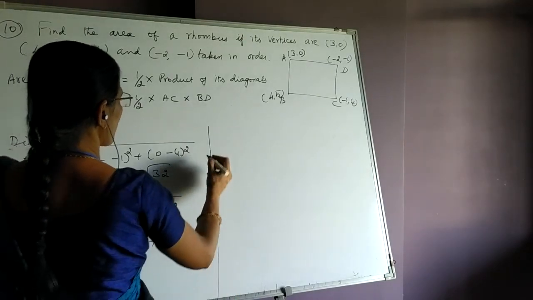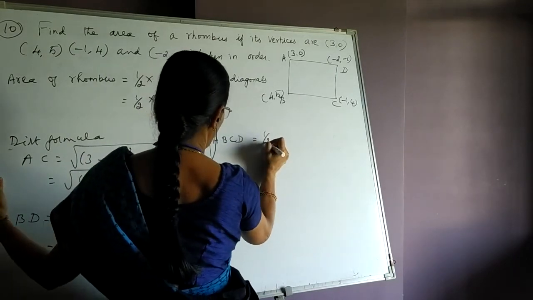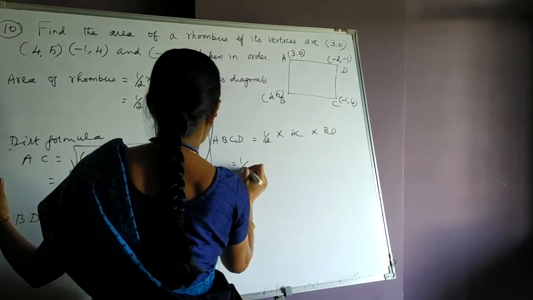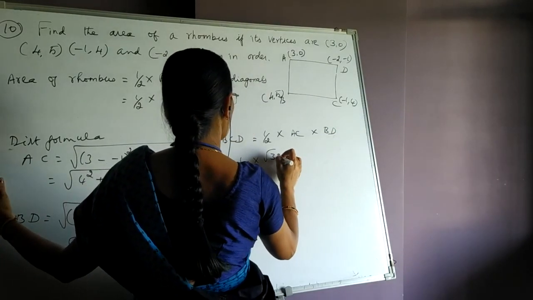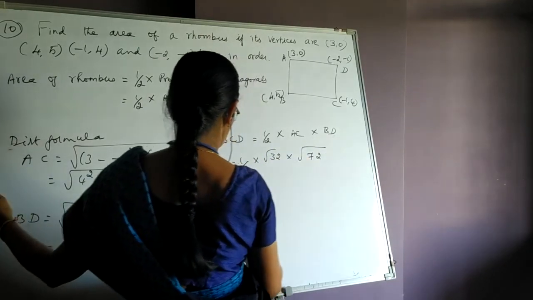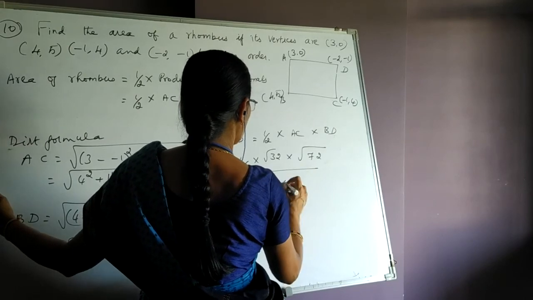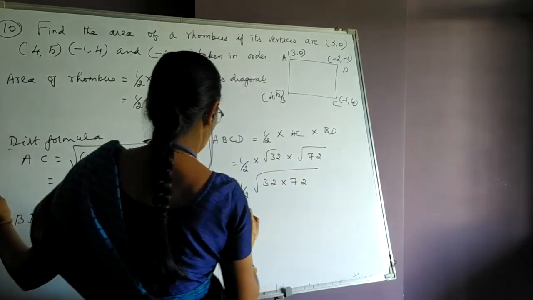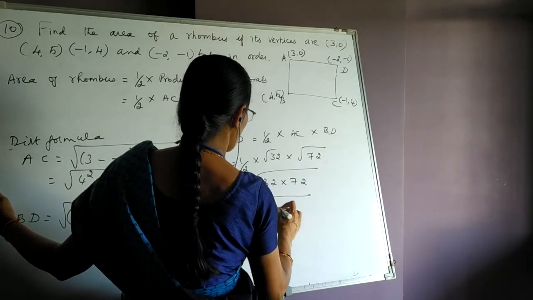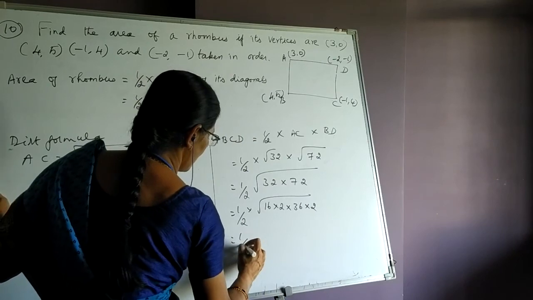Now let us calculate area of the rhombus ABCD. It is half into AC into BD. It is half into root of 32 into root of 72, which can be written as half root of 32 into 72. 32 can be expressed as 16 twos and 72 is 36 twos, which is half.